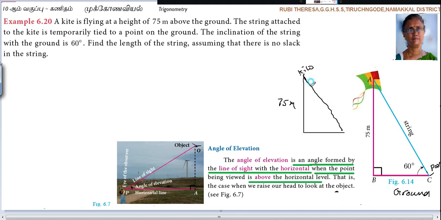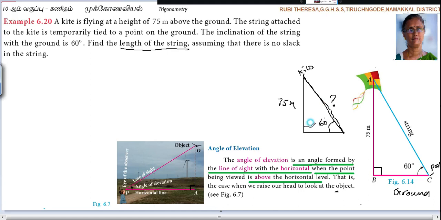It should be a straight line. Here the angle of elevation is given. Then what are they asking? They are asking the length of the string.